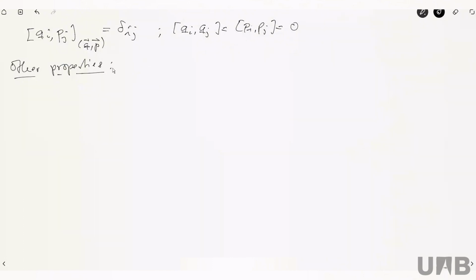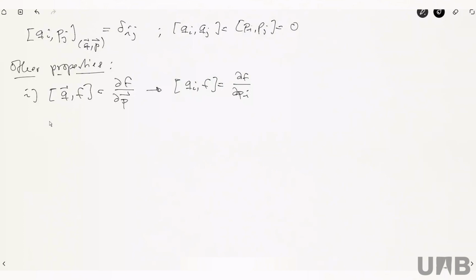If I compute the Poisson bracket of all the Q's with f, then this is nothing but the derivative of f with respect to all the p's. Okay, now in components, this is Qi with f equals partial of f with respect to pi. So it should be clear what this vector notation means.